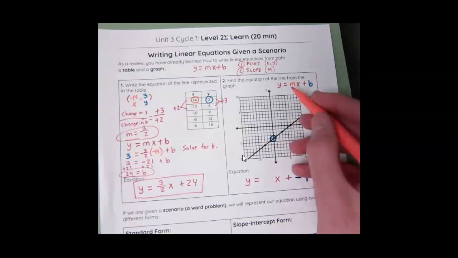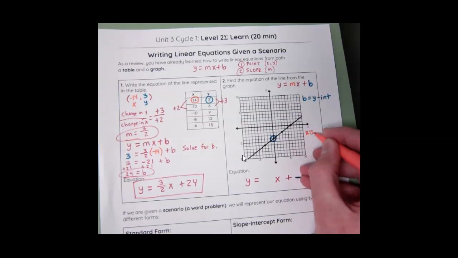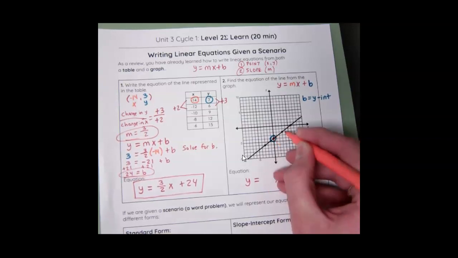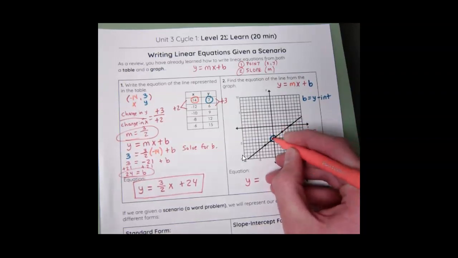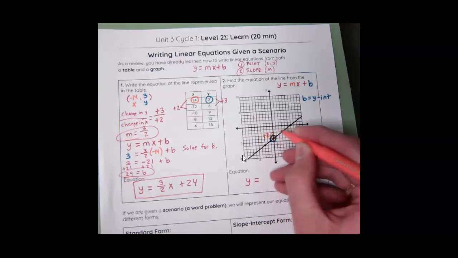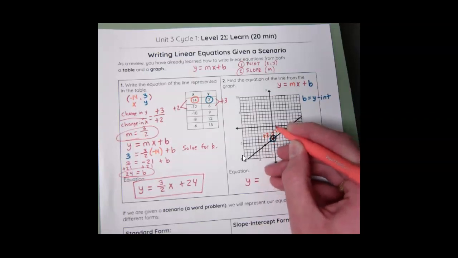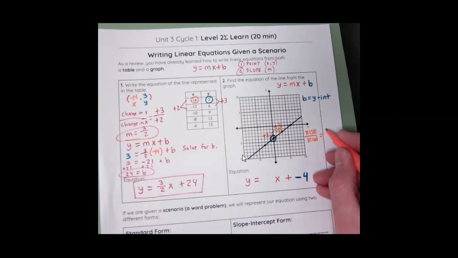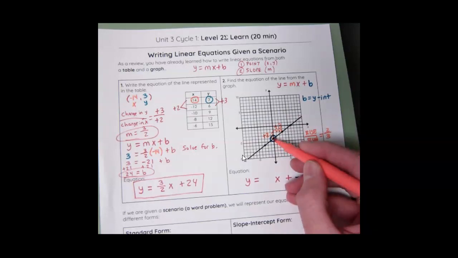Now my slope, remember, is rise over run. I can pick 2 points, like this point and this point, and I would rise up 1, 2, over 1, 2, 3. My rise over run would be 2 over 3. Remember, this is up 2, so it's a positive number.